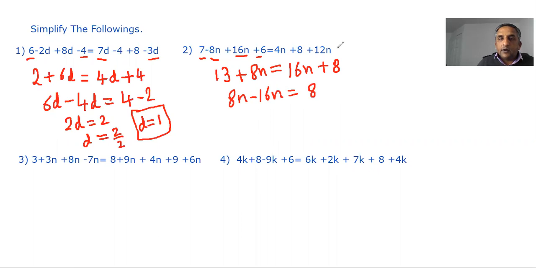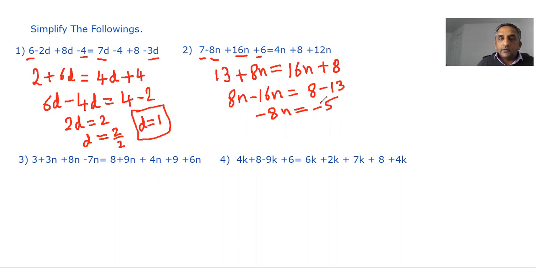We move plus 13 to the other side, it will turn into minus 13, right? So now we take away 8n from 16n and we get minus 8n is equal to, take away 13 from 8 is minus 5, right?